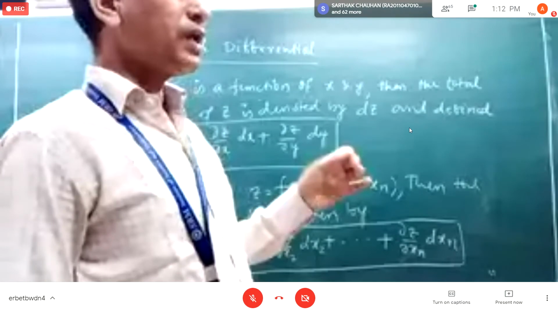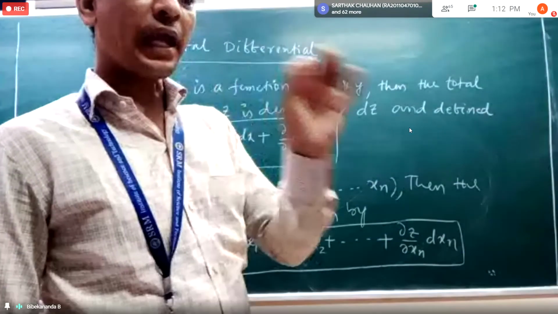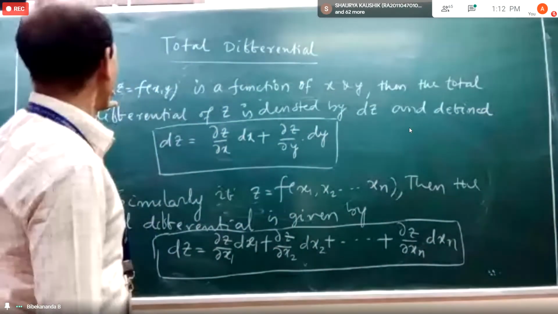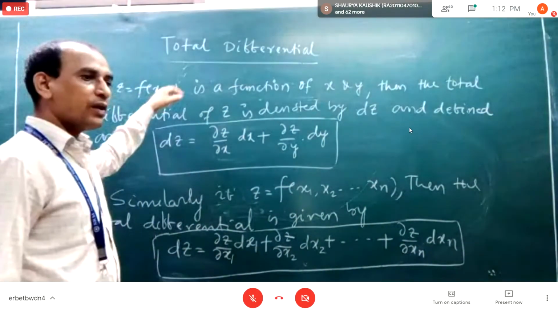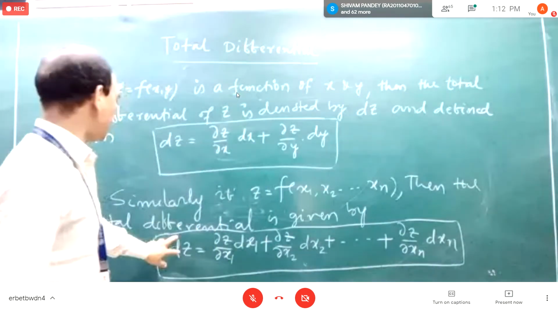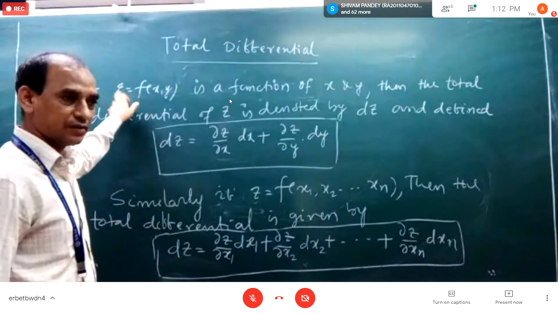So this is the total differential for n variables, for the function depending on n variables, the total differential for the function z.